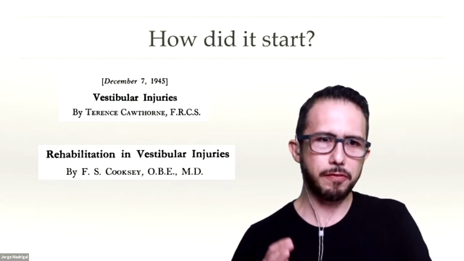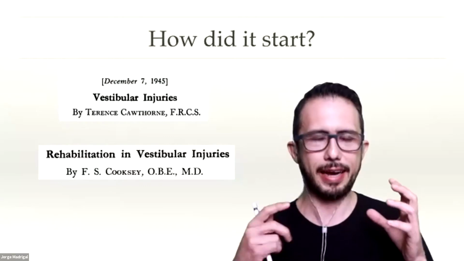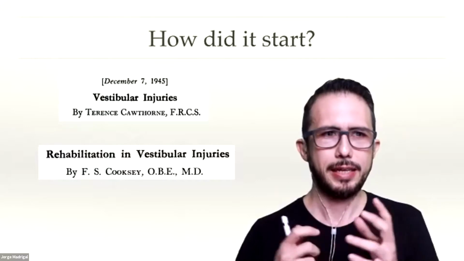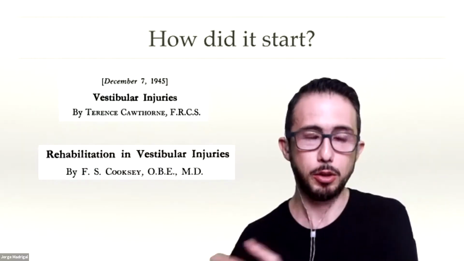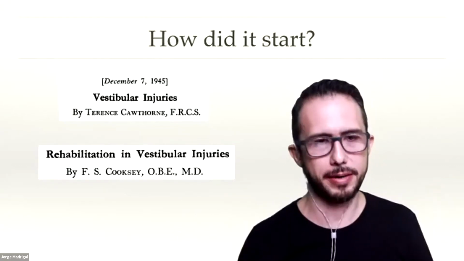And this was the first paper that addressed vestibular rehabilitation. Those two doctors observed that the patients who had more movement usually did better and felt better.